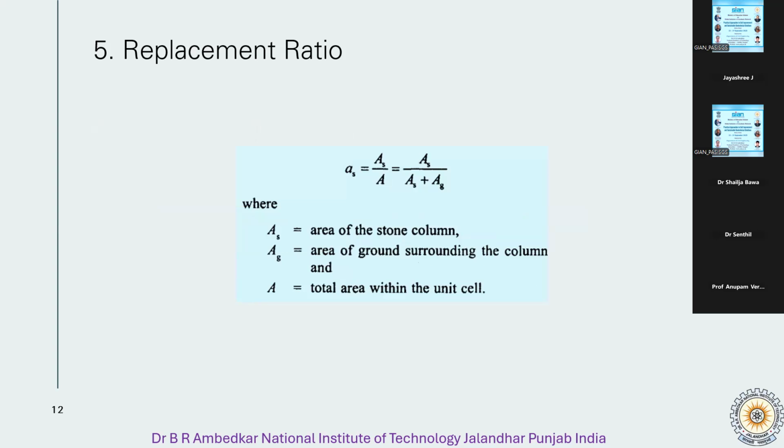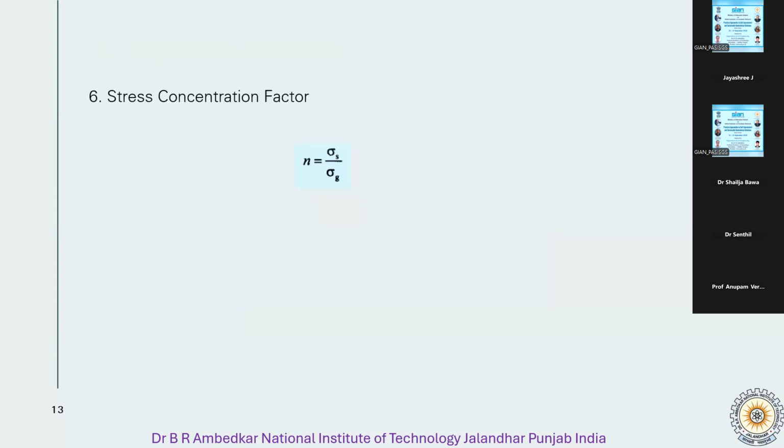Now this total area of the unit cell is what? Area of the stone column plus the area of the ground which is surrounding the column. So that ratio is the replacement ratio. So we can go to the next term, which is the stress concentration factor.